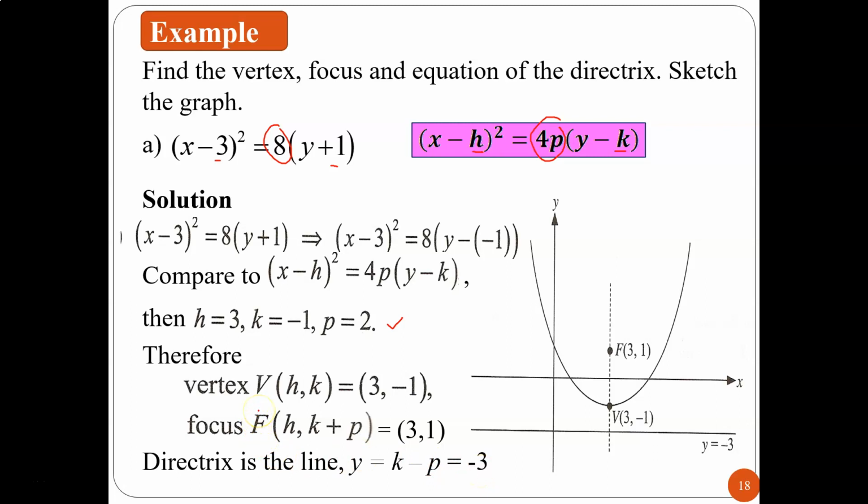So you already found your vertex, focus, and directrix. Now you can sketch your parabola. This is your parabola. Okay. So you can see that the vertex is h and k. This is h and k. Okay. This is h, k plus p.